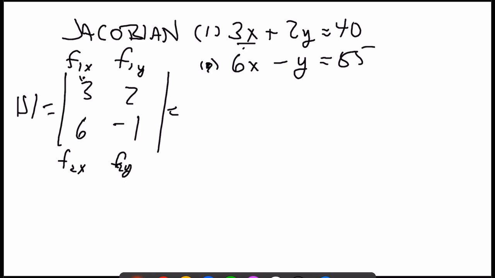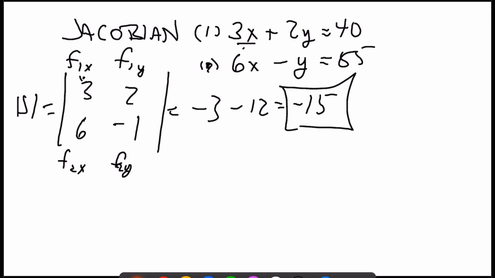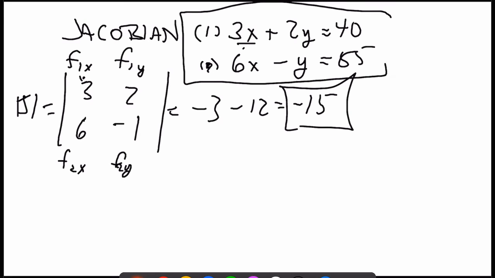And we multiply those together, and we get minus 3 minus 12 is minus 15. And the only thing we cared about in our Jacobian is that it's not 0. If the Jacobian turns out to be 0, then these two equations are linearly related, and we can't solve them really. But because this is not 0, we could solve this equation.